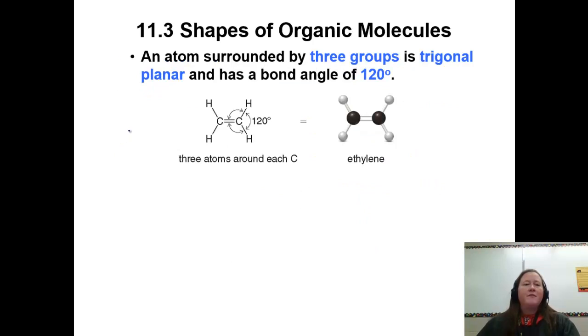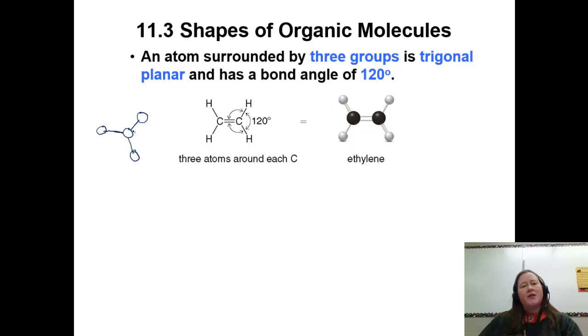If you have an atom surrounded by three groups, so let's say this is just an atom all by itself and it's attached to three things, in order for them to get as far away as they possibly can from each other, they're going to be spread out like this. This is called trigonal planar.